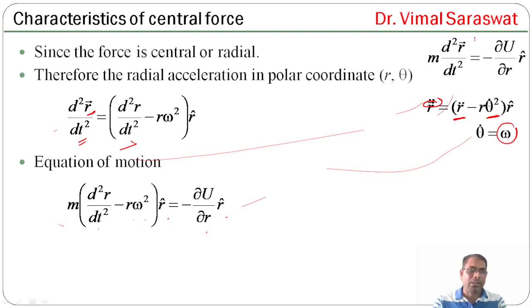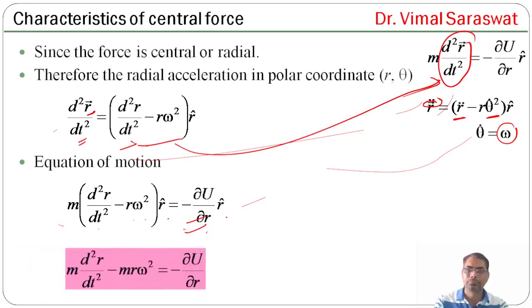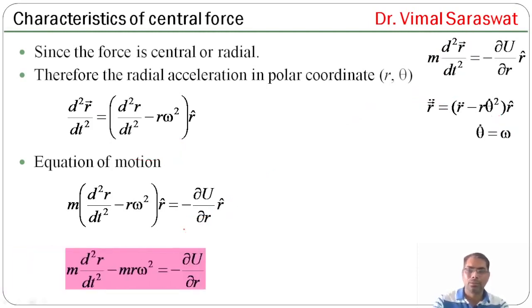So we just replace this d2r upon dt2 with this one, and we get this equation. Or m d2r upon dt2 minus m r omega square is equal to minus del u by del r. So here we cancel this r cap, and we take m inside, so it is multiplied with this one and also with this one.